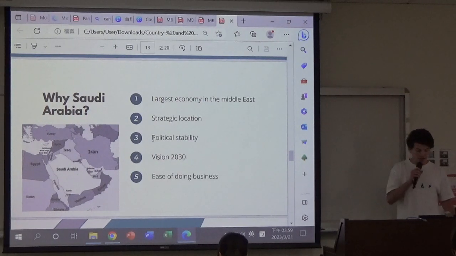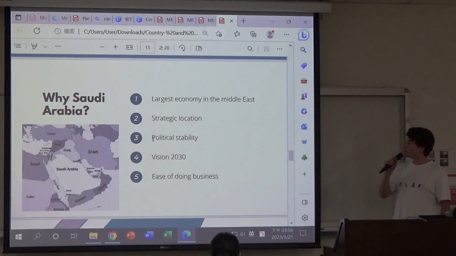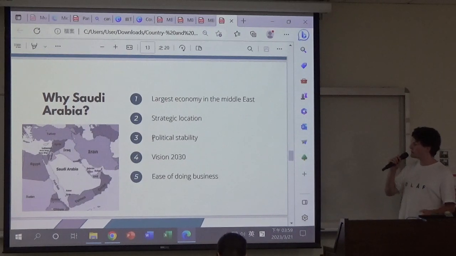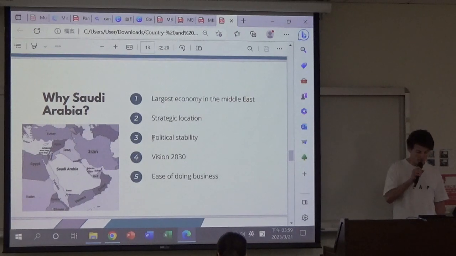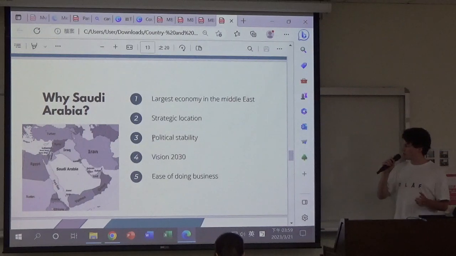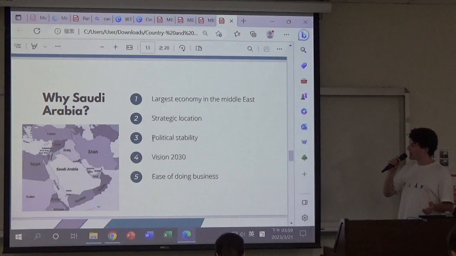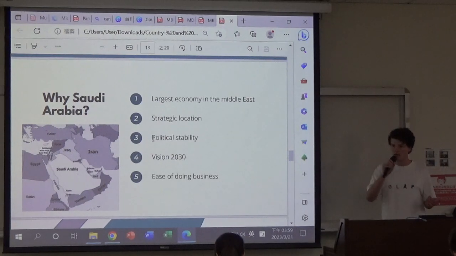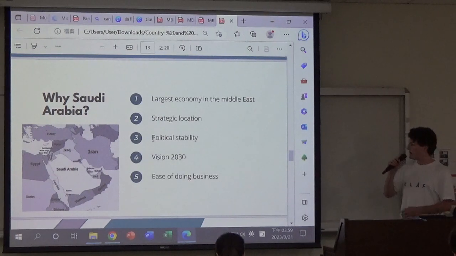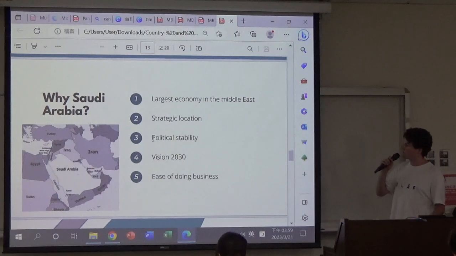The second is that they want to create job opportunities, lower the unemployment rate, and increase participation of women in the workforce. And they want to increase the quality of life, meaning to focus on having better education, establishing like top 100 universities there. And the fourth part of Vision 2030 is having better infrastructure.